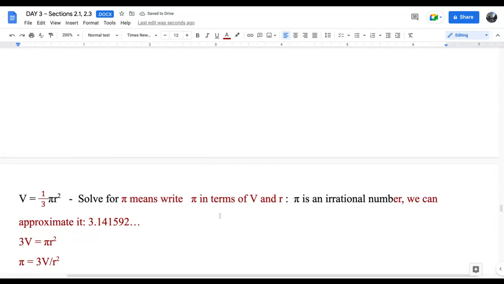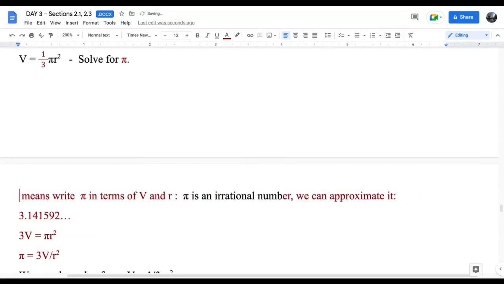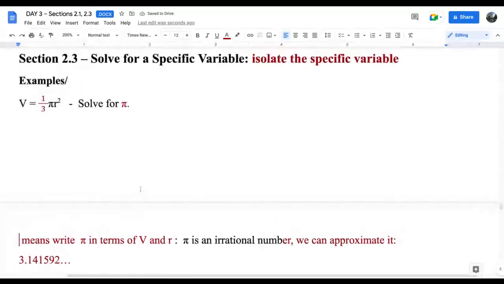So what about the variable? The variable we have, solve for v means write v. In this case, our goal is to solve for v.